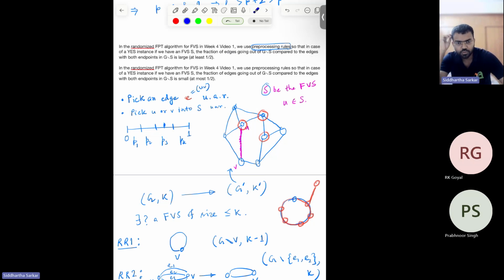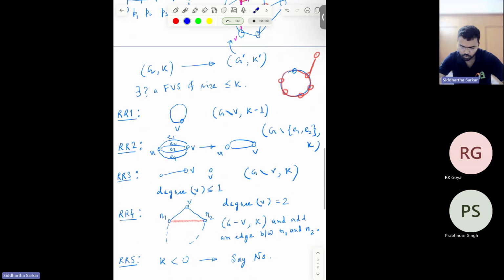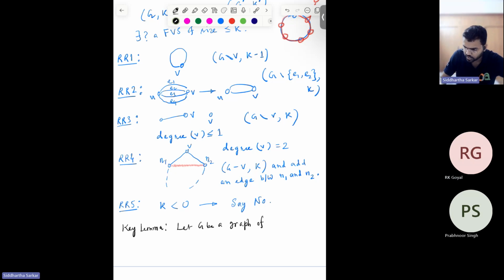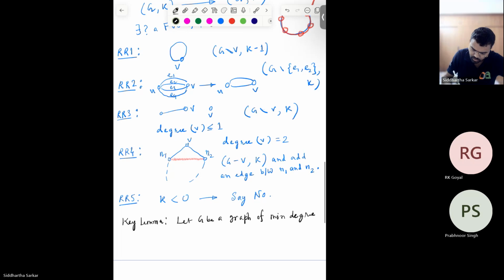Now there is a lemma, so I will write it down. We have verified that this is true, but let us also look at the formal lemma. This is a key lemma. It says: let G be a graph of minimum degree 3, like in our case, since we have applied the reduction rules so that the minimum degree has become at least 3.